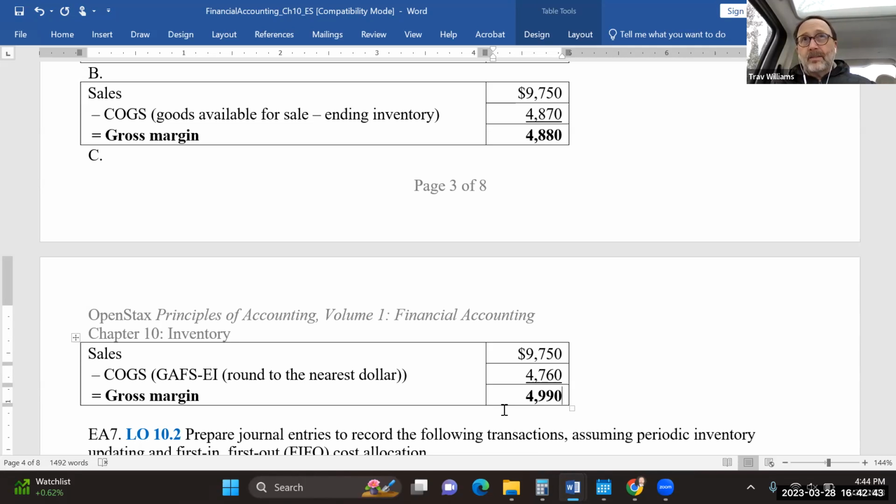Just like we saw last week with accounts receivable, you don't want to change your bad debt estimate every year using a different method. You want to keep a consistent method, right? Otherwise it looks kind of fishy, like you're trying to hide something.